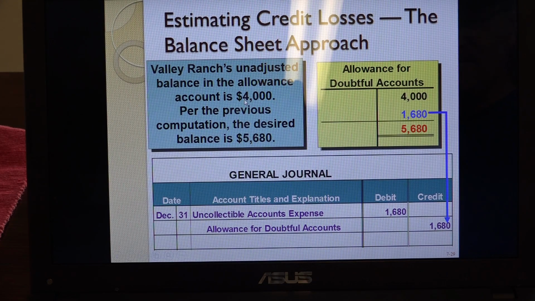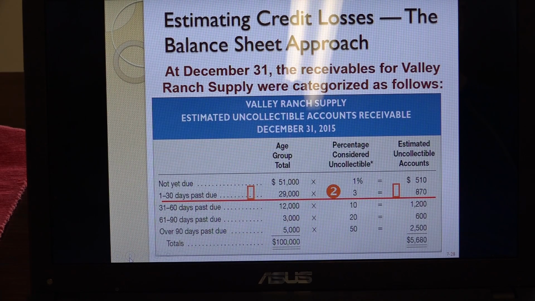And again, what I said was still correct about the previous year, that there's $4,000 that they didn't write off. Okay. And they estimate that they're going to have to write off 5,680, right?